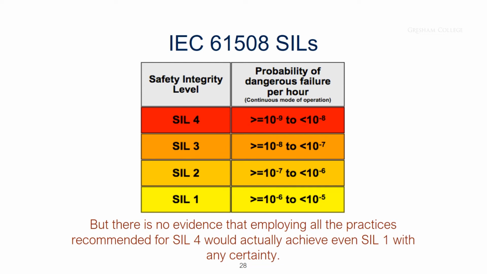For the most important, the SIL 4, where you're looking for a probability of dangerous failure per hour that is up around the 10 to the minus 8, 10 to the minus 9 probability of dangerous failure per hour, there are strong, highly recommended practices. The lowest one that they care about, the highest probability of failure at SIL 1, you're still talking about a probability of failure which is between 10 to the minus 5, 10 to the minus 6 per hour, so less often than once a year.